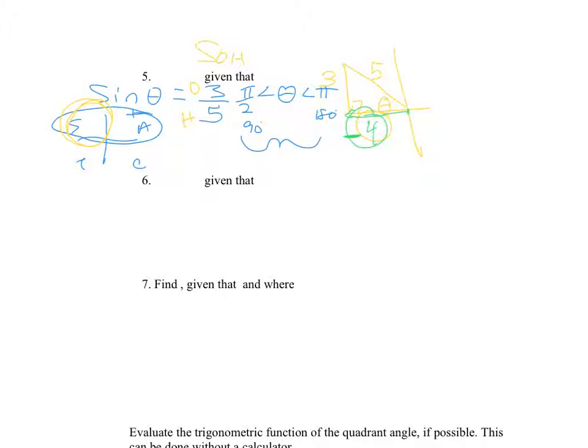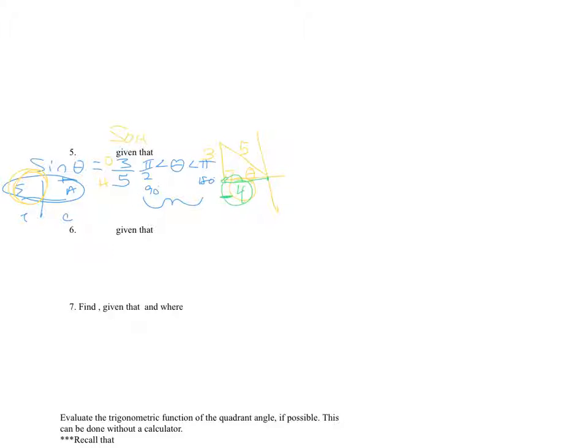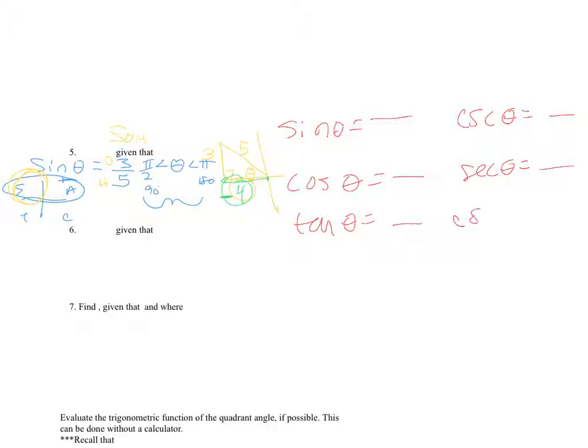So now that we have the sides of our triangle, we can find the other trig values. So now to find the remaining trig values, we're going to do sine theta, cos theta, tan theta, fraction, fraction, fraction. Reciprocals, cosecant, secant, cotan.